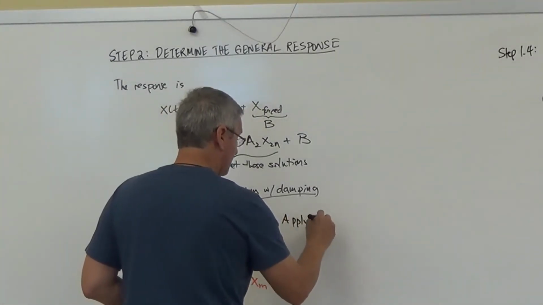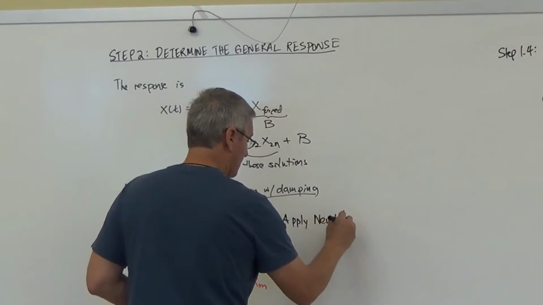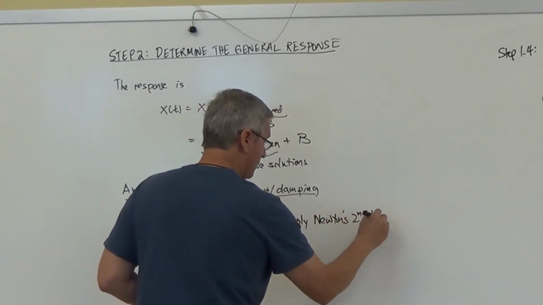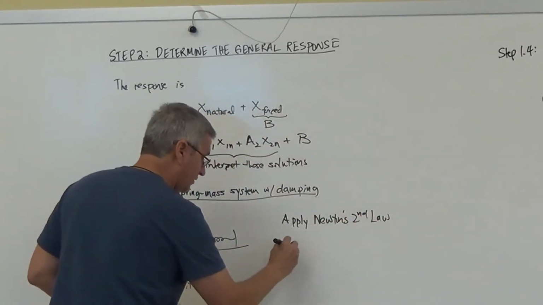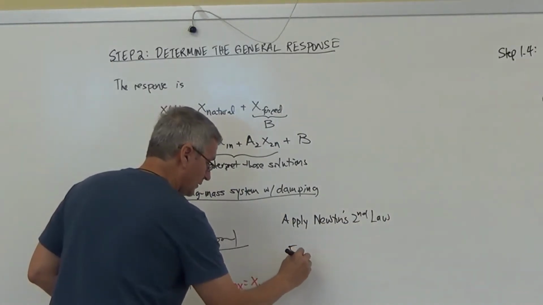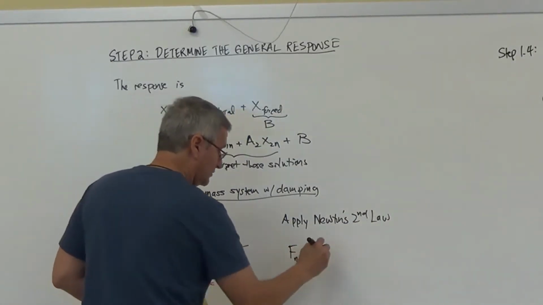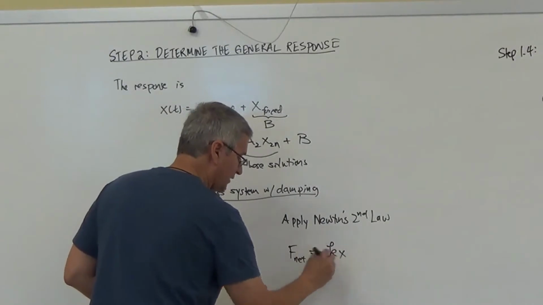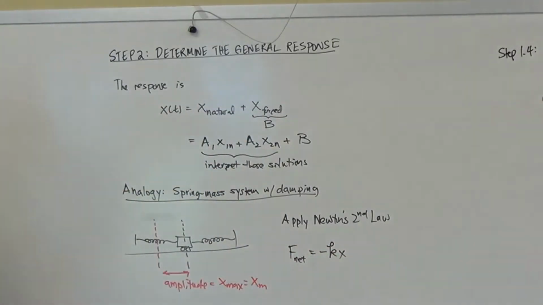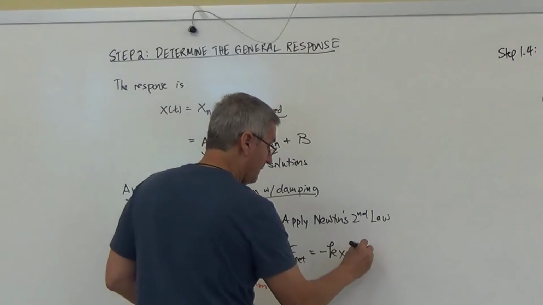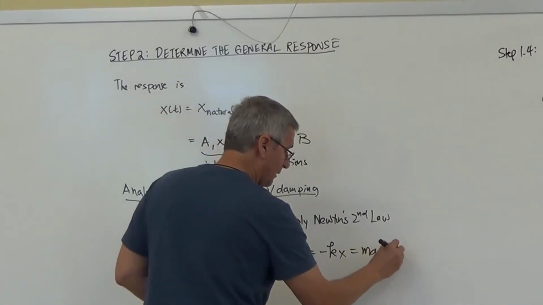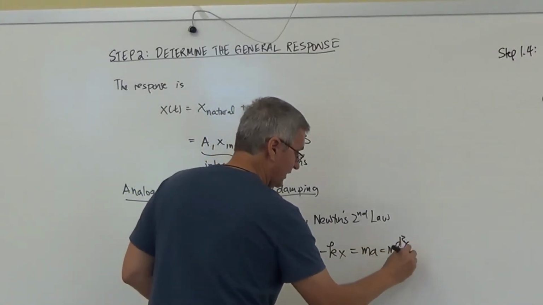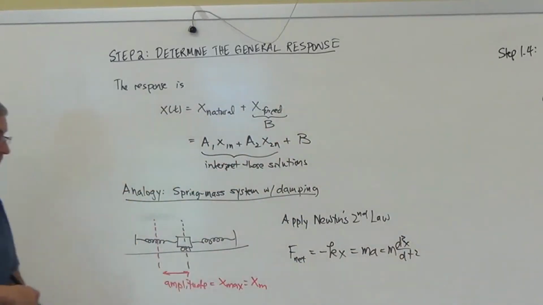I could write the net force as just the spring force acting on that object, and this has to be equal to mass times the acceleration, but the acceleration is the second derivative of position.